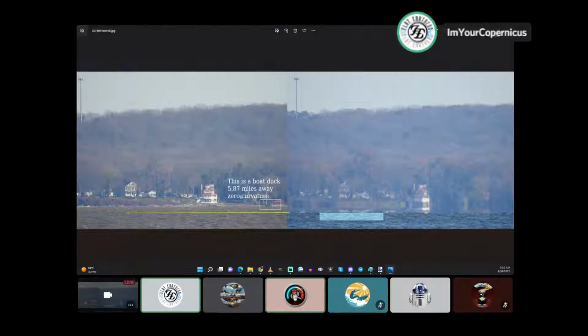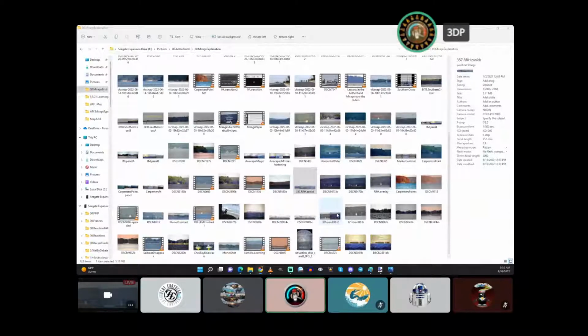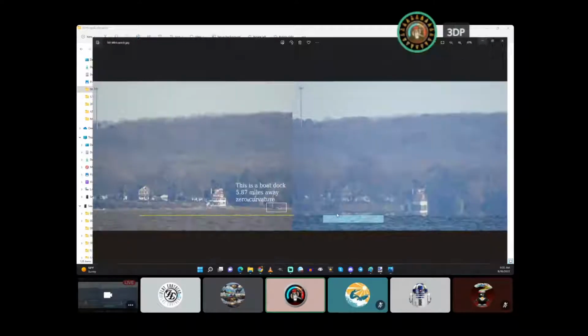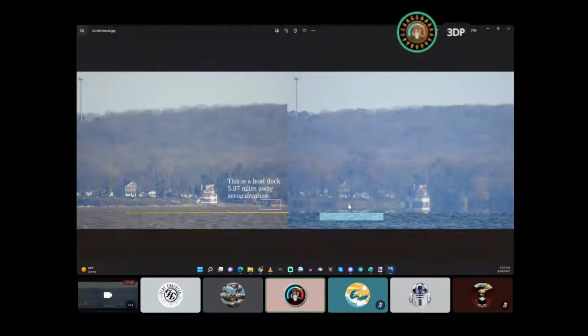But that's to the point that you just brought up. Go ahead, DP. That's a question I was going to ask. Does it appear to everybody that the house in the picture on the right appears magnified when compared to the house in the image on the left? And is that magnification equal in all directions? I'd say yes, it is.